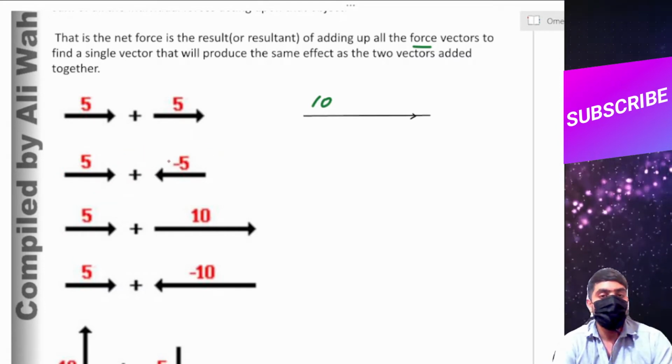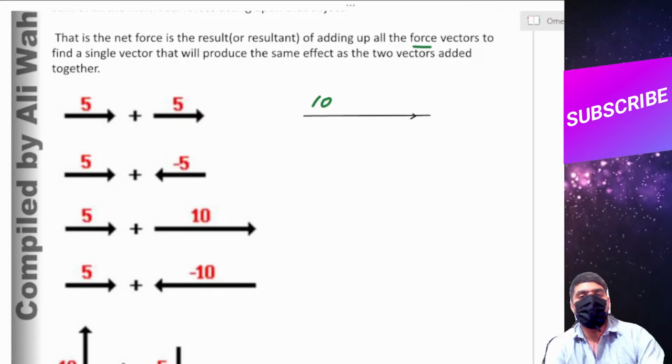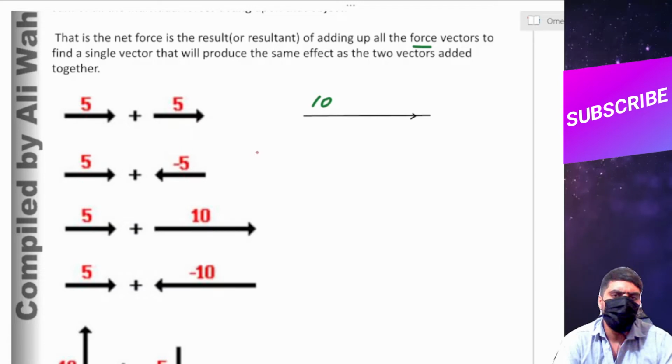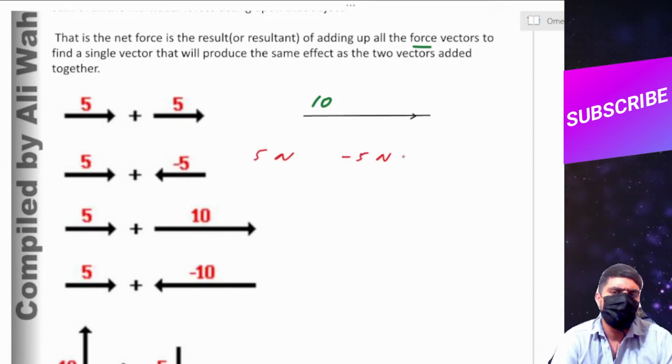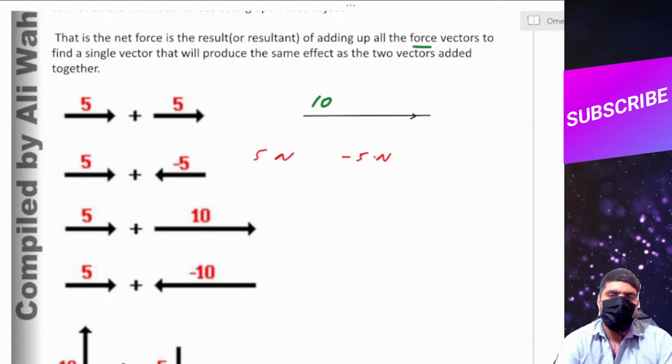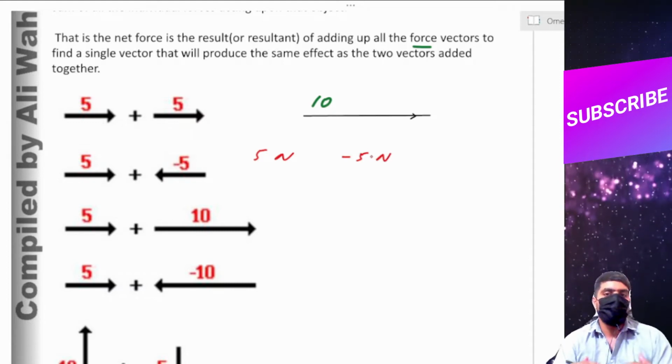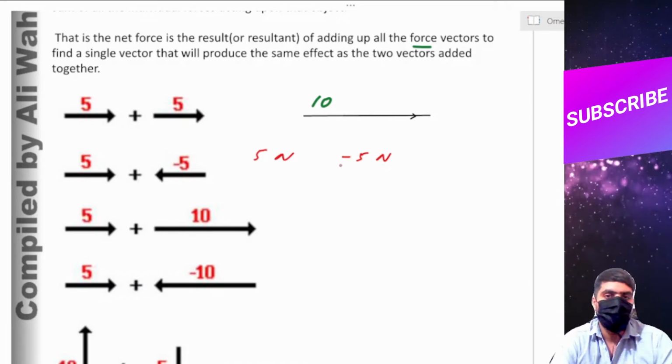So the negative sign with a vector represents direction. It has nothing to do with the magnitude. Magnitude wise, 5 Newton and minus 5 Newton are just the same. So the impact of these two forces would be the same.